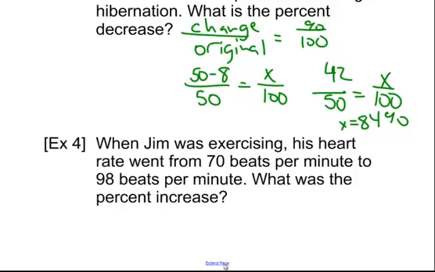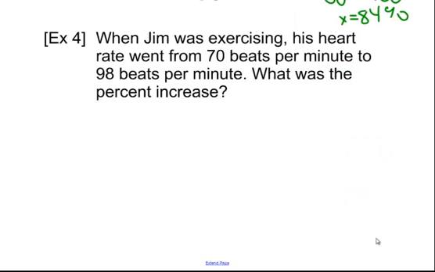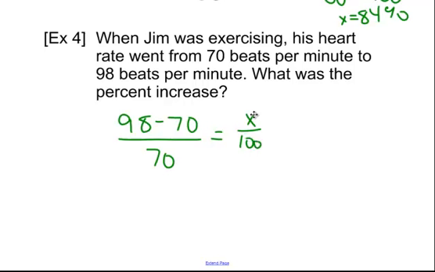Okay, welcome back. So, number 4, when Jim was exercising, his heart rate went from 70 beats per minute to 98 beats per minute. What was the percent increase? Again, we have to find the difference between them because we're figuring out how much they increased by. So we're going to do 98 minus 70 over, originally, remember, it started at 70. And it's going to equal x over 100 because it asks for the percent.